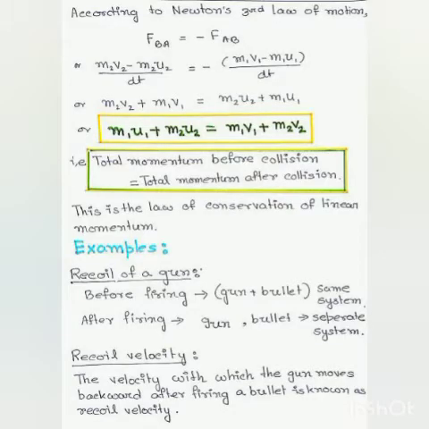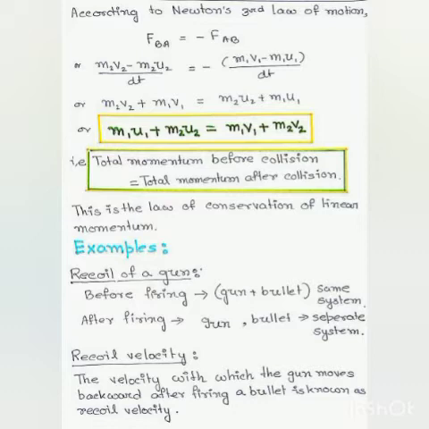Now, according to Newton's third law of motion, we can write FBA is equal to minus FAB, that is, action is equal and opposite to the reaction. So, (m2v2 minus m2u2) by dt is equal to minus (m1v1 minus m1u1) by dt, or m2v2 plus m1v1 equals m2u2 plus m1u1, or we can rearrange them and write m1u1 plus m2u2 equals m1v1 plus m2v2.